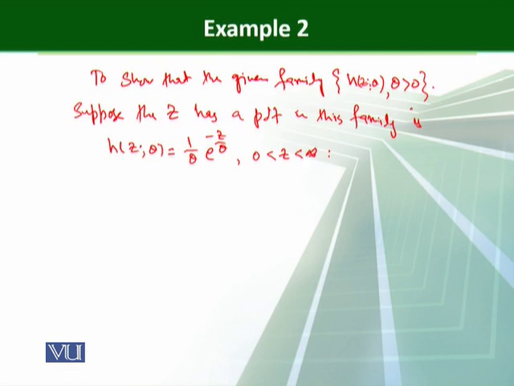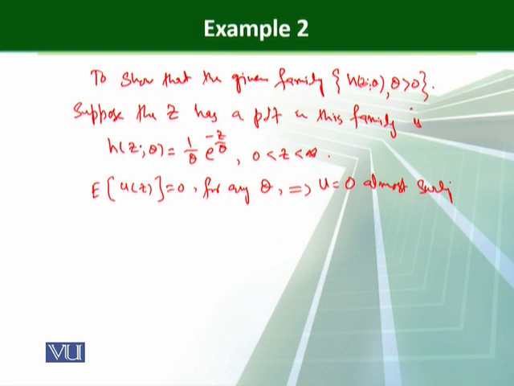Actually we have to show that the expected value of u(Z) equal to 0 for any theta implies that u is equal to 0 almost surely. Now we are going to find its expected value.